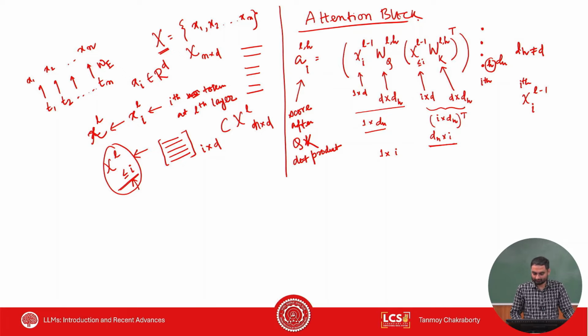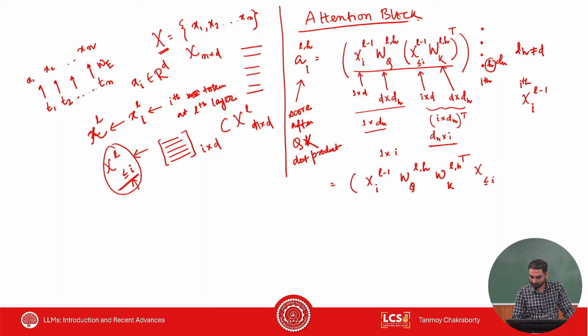Okay, so now if we modify this a little bit, if we just unfold the transpose: W_Q^(L,h) W_K^(L,h) transpose x^(L-1) transpose.